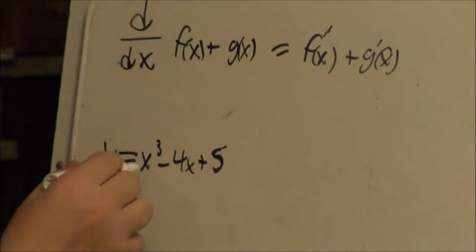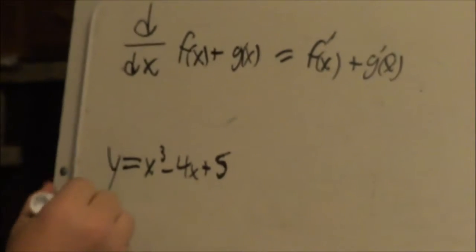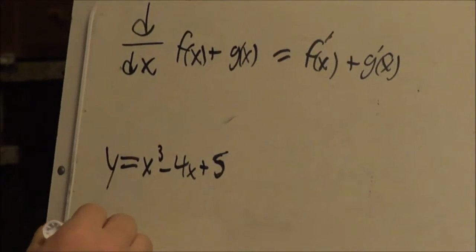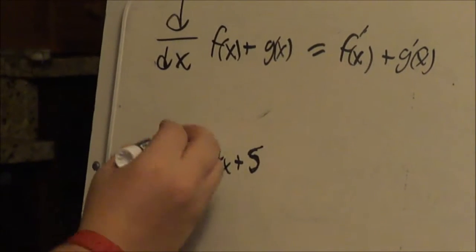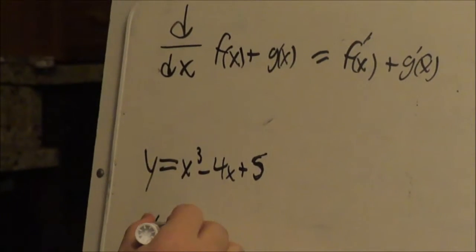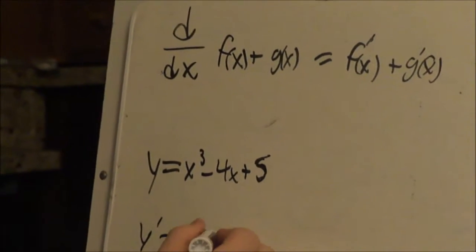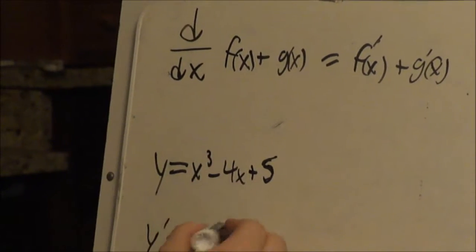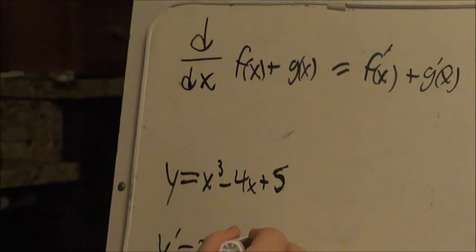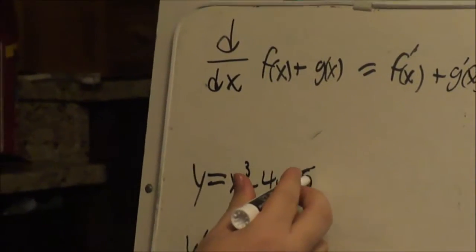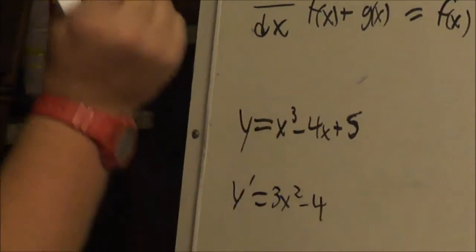So now you have to find the derivative of each function. So that would be that x cubed is 3x squared, minus the 4x just becomes 4, and then the 5 becomes a 0, so you don't need to put that in.